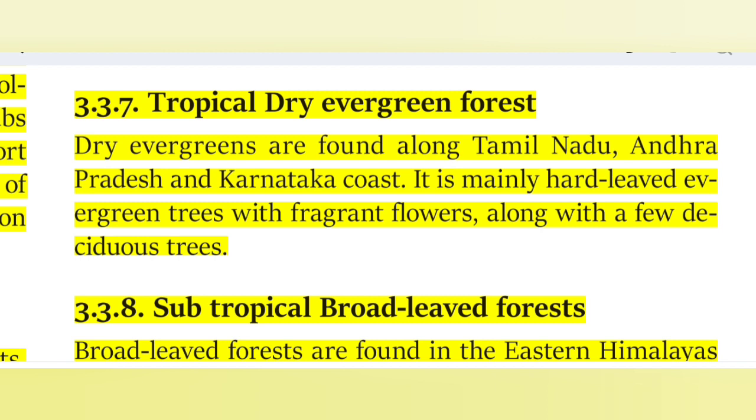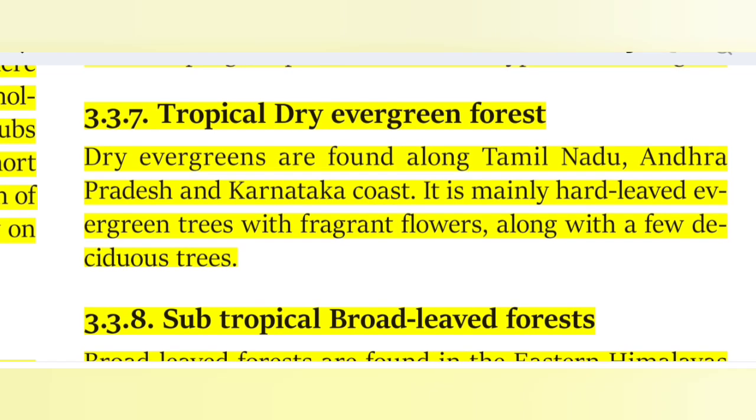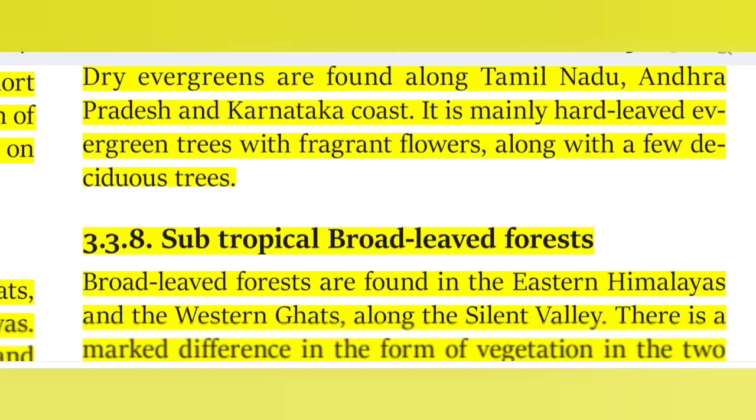It is mainly hard-leaved evergreen trees with fragrant flowers along with a few deciduous trees. जो leaf होता है, that are very hard, evergreen trees with fragrant flowers along with few deciduous trees. Okay, south में, ठीक है.